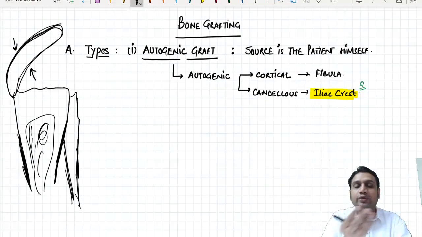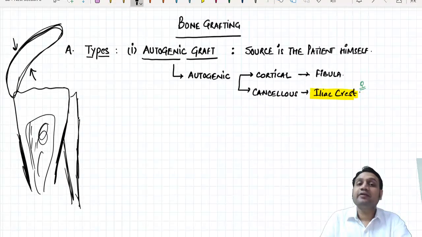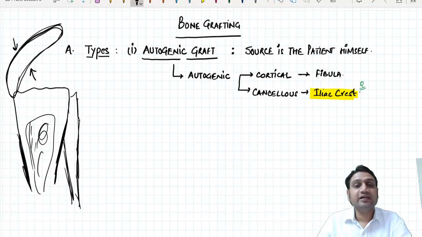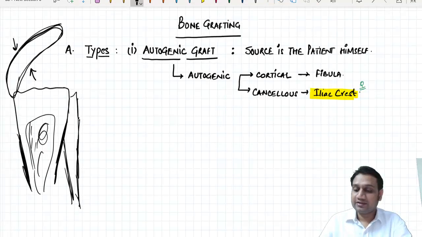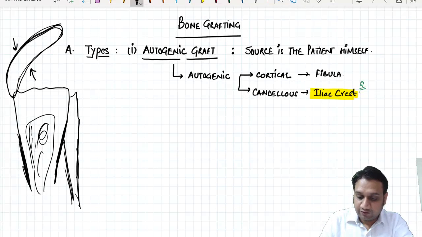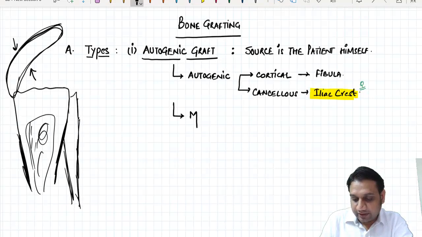When you cut it out, inside it there will be a lot of cancellous graft. So the ideal site for a bone graft is always the iliac crest. The ideal site for a cortical graft is always the fibula, right? Then the other type which can be taken from the same patient, one I told you, autogenic cortical or cancellous, and then the third one is mesenchymal stem cells.